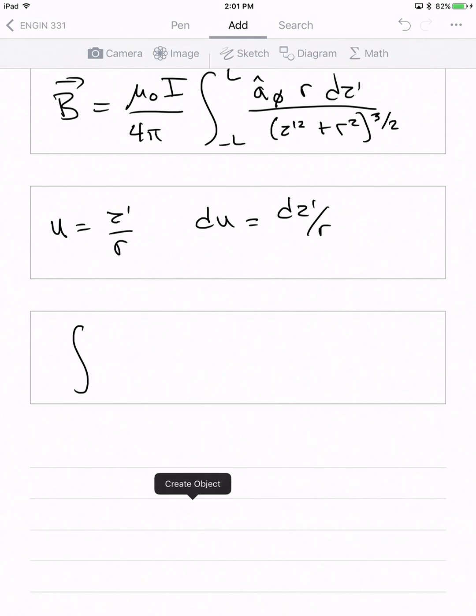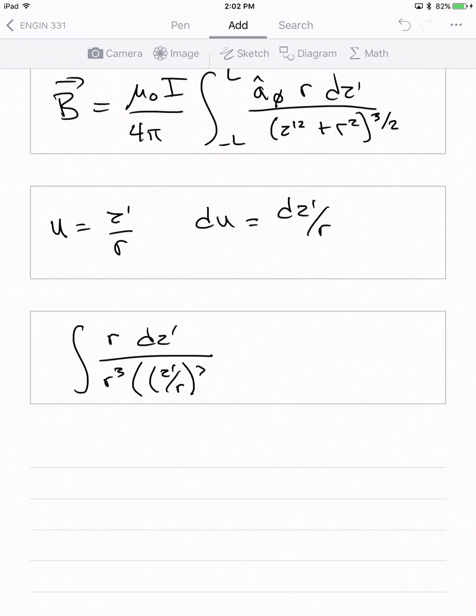Meaning that then we have the integral of r dz prime divided by r cubed times (z prime over r squared plus 1) quantity to the 3 halves. You see what I did there? I factored out an r squared, and then when I took it outside of the 3 halves exponent, it became an r cubed.